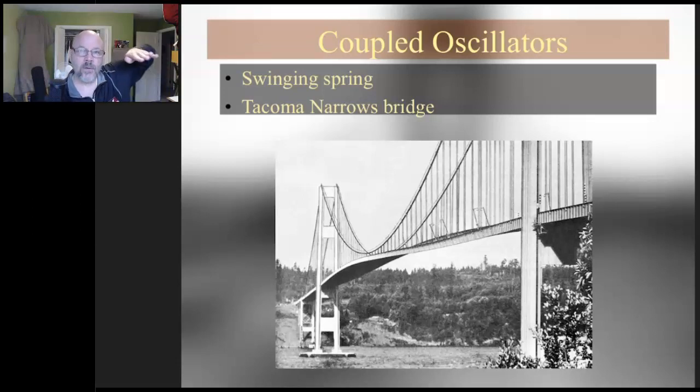So you've got the bridge, and it can clearly wiggle up and down like this. However, it can also wiggle like this. And what is a little bit strange, but this is the answer, is that this motion here can cause this motion here. It actually works the other way around too. If you had wind underneath it, it would start to do this as well. Okay, so it's kind of strange.